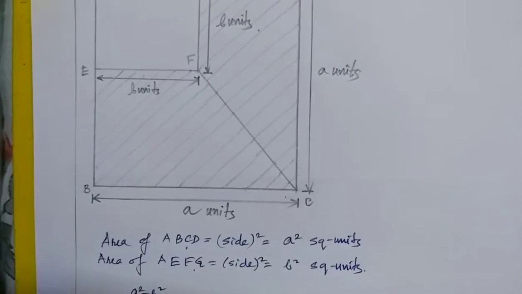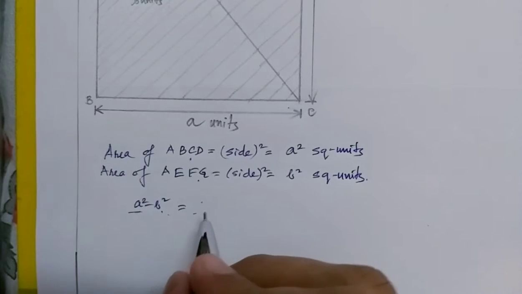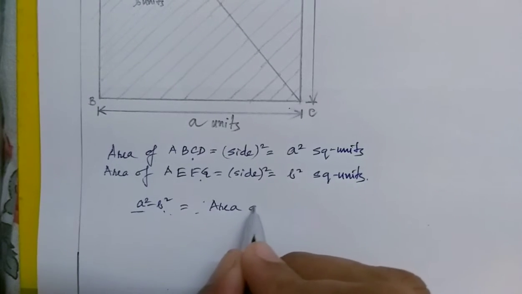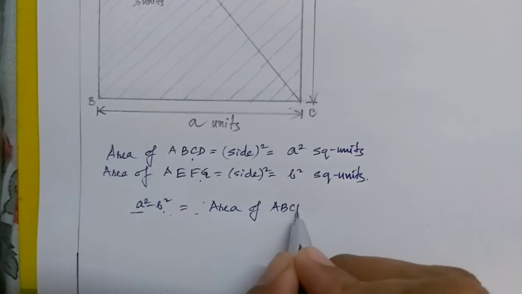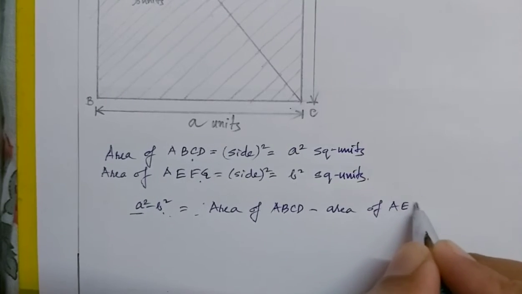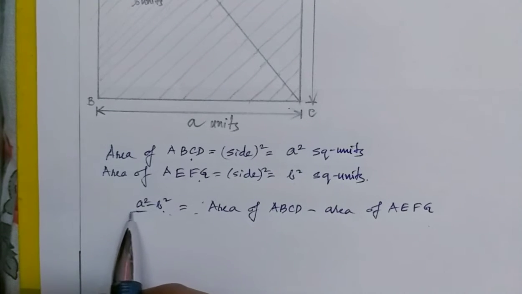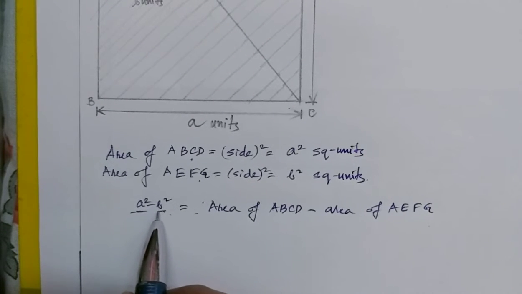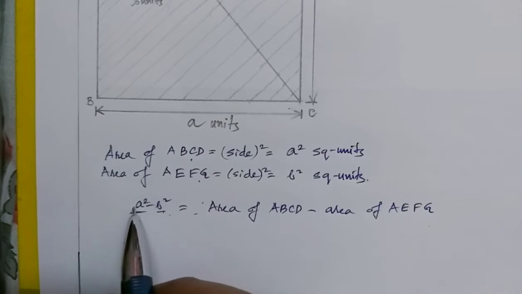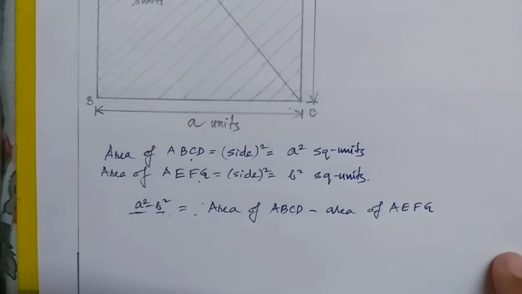So I can write: a² − b² is equal to area of ABCD minus area of AEFG. I hope this is clear to everybody. From the area of the bigger square, I am subtracting the area of the smaller square, and I have written that here in words.